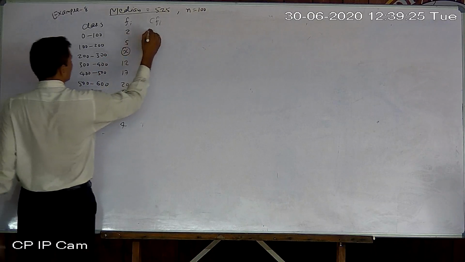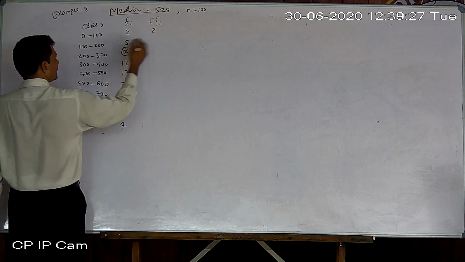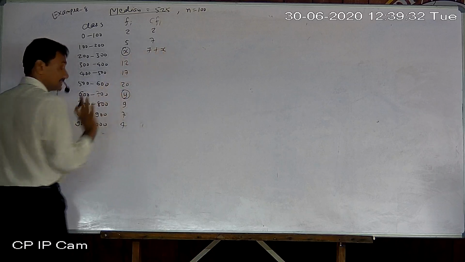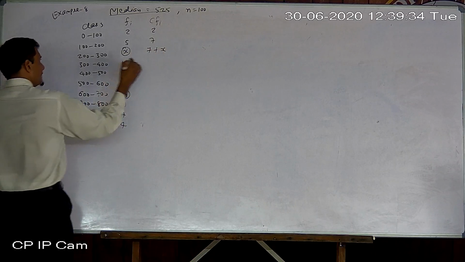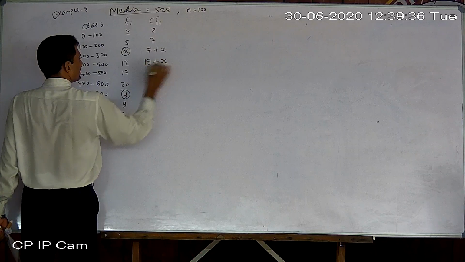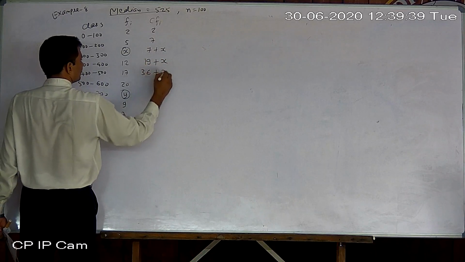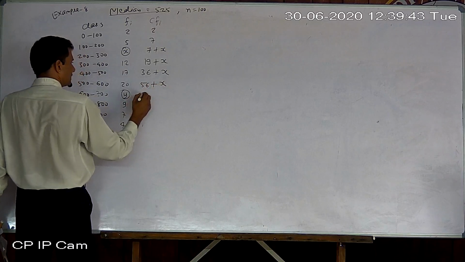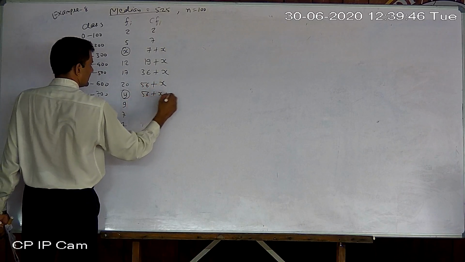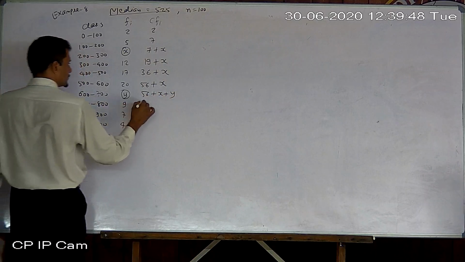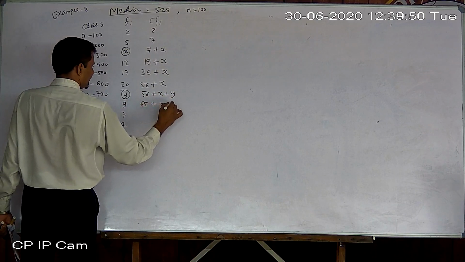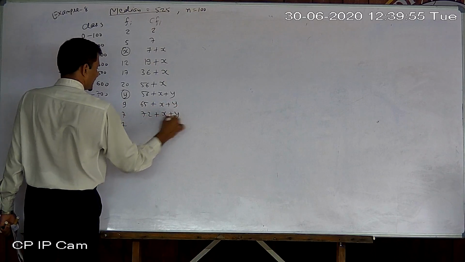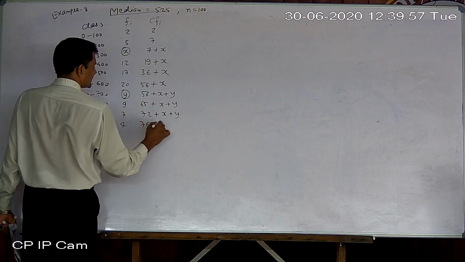So write down first of all 2, then 2 plus 5, 7, then 7 plus x, which remains 7 plus x only, being an unlike term. Then 19 plus x, then 36 plus x, then plus 20, so 56 plus x, then plus y, so 56 plus x plus y, then 9, so 65 plus x plus y, then 7, so 72 plus x plus y, and plus 4, so 76 plus x plus y.